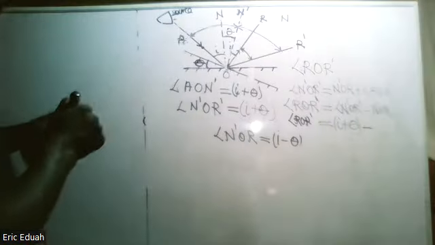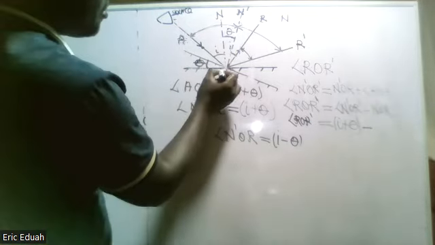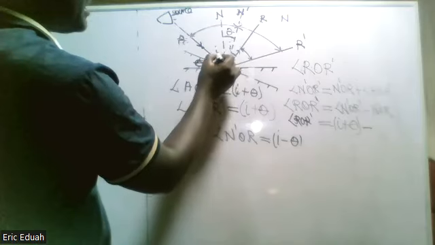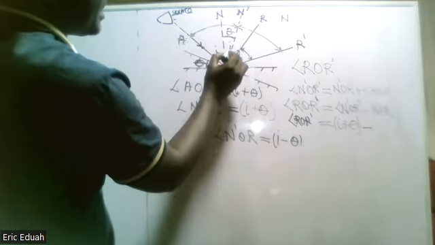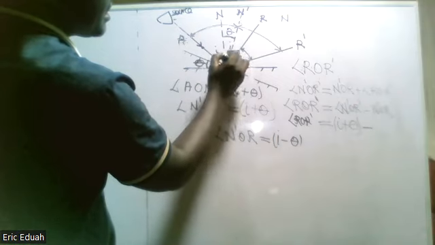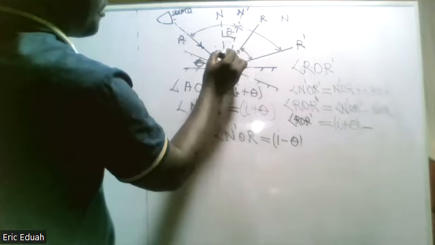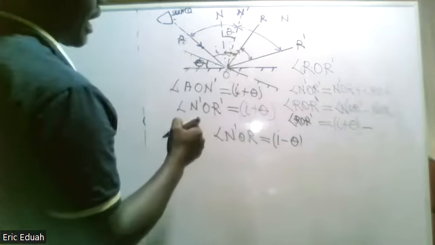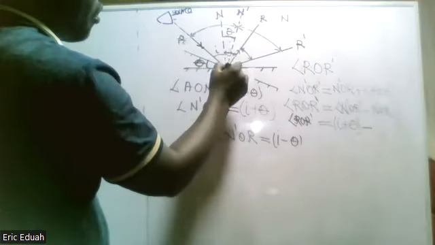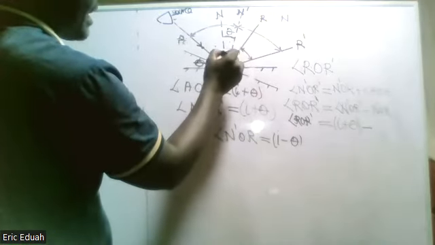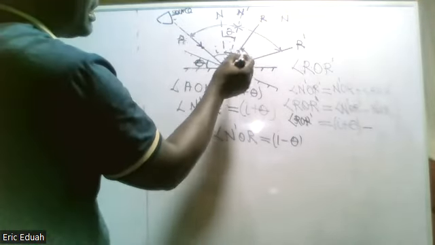Okay, so let's look at something. When the mirror is not rotated, the angle of incidence is this, and the angle of reflection is this. So this is I, and from here to this point is also I. So the whole of this angle NOR is I. The rest of the angles are also within.